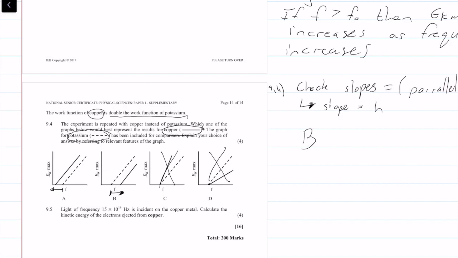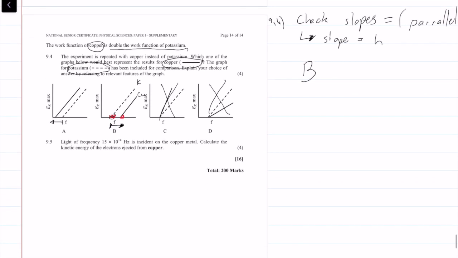Copper is the solid line and this is potassium. Copper has double the work function, and so it has double the threshold frequency. The threshold frequency moved from here to here, so we have B as our option.